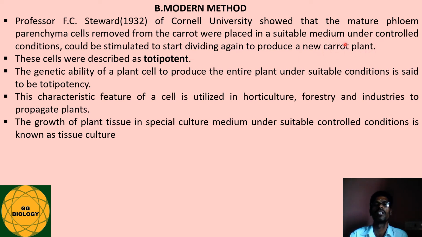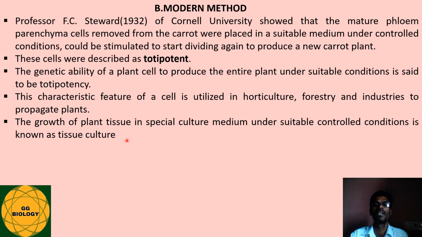Such a property is called totipotency, and the cells having that ability to develop into a young plant are called totipotent. This characteristic feature of cells is utilized in horticulture, forestry and industries to propagate plants.